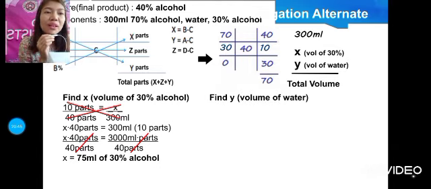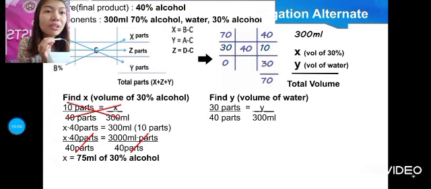Next is to find Y, which is the volume of water. So we know that water has 0% of alcohol. So we have the 30 parts of the water, the 40 parts of the 70% alcohol, and Y, which is the volume of water, and the 300 ml, which is the volume of the 70% alcohol.